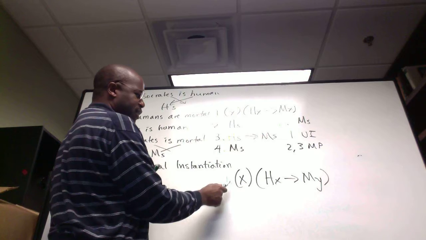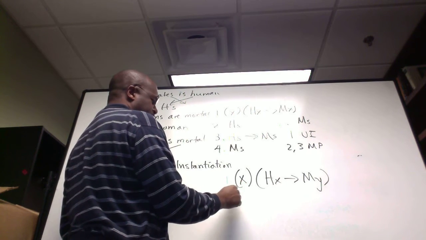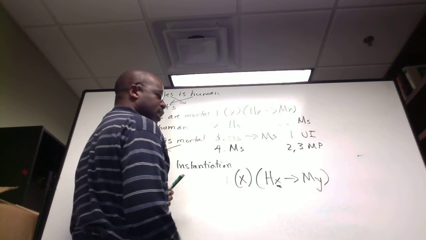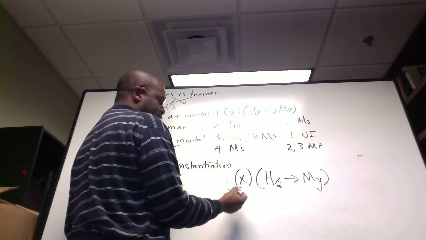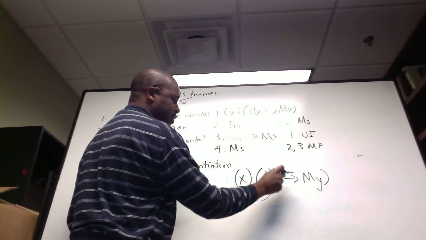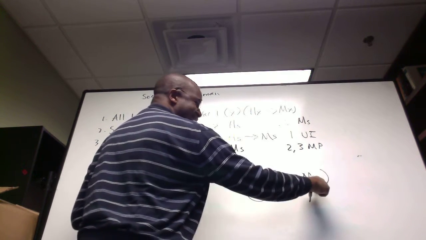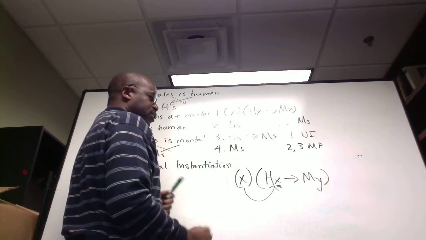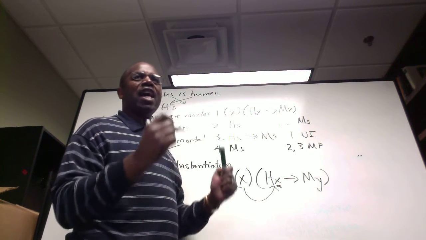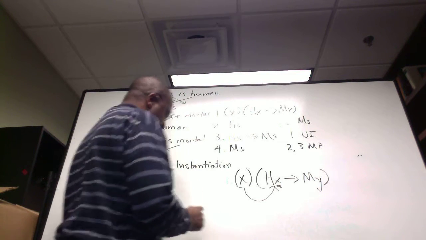If you are to do universal instantiation on this, the only letter that will be affected here is the x, not the y. In other words, this x binds that x, but this x does not bind that y. So you only instantiate letters that have been bound by the quantifier.